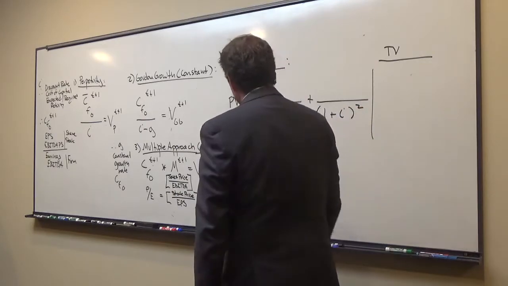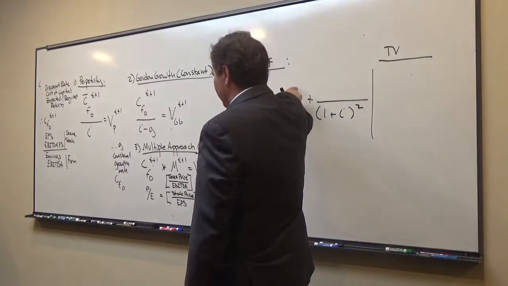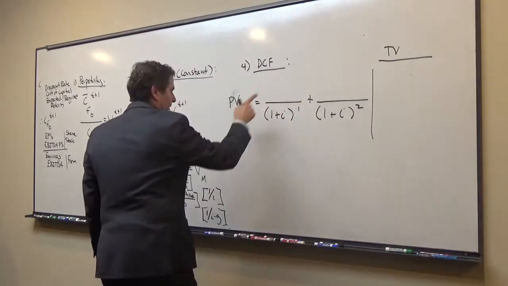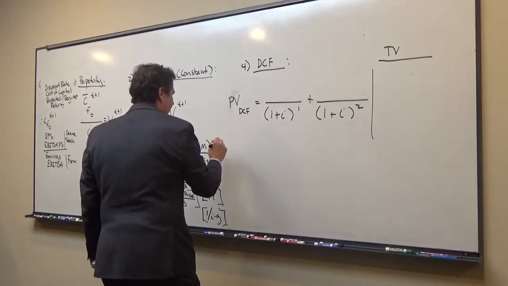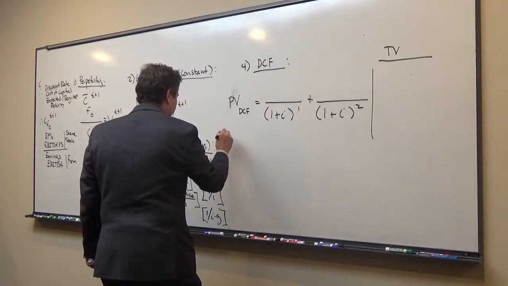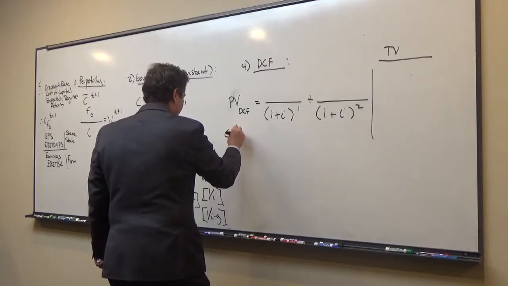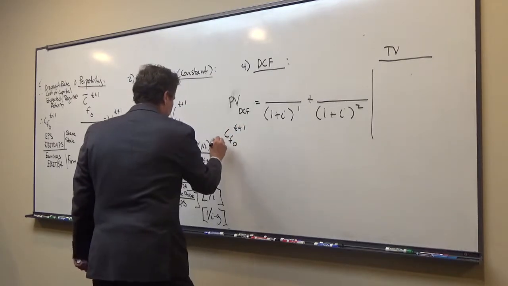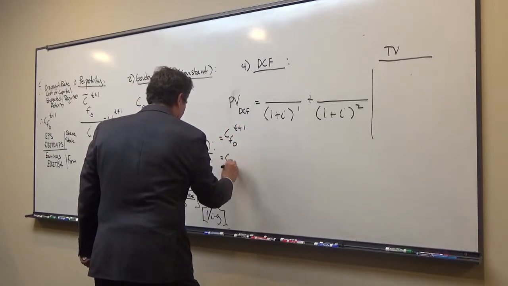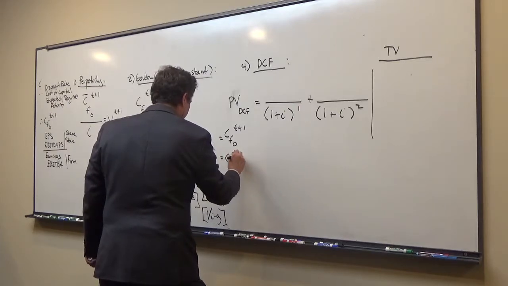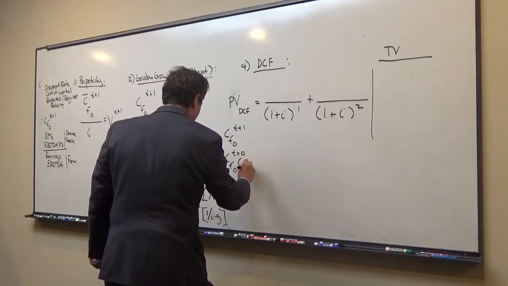And I have to get the first year's cash flow. The first year's cash flow, CFO T plus 1, equals CFO T equals 0 times 1 plus G.